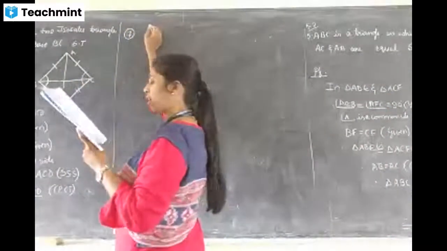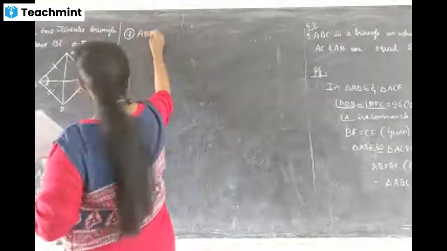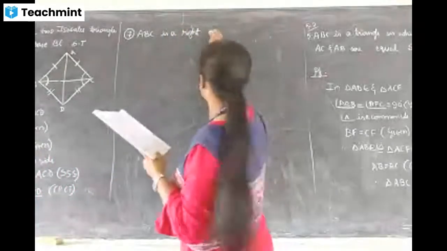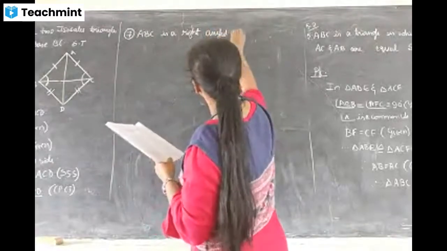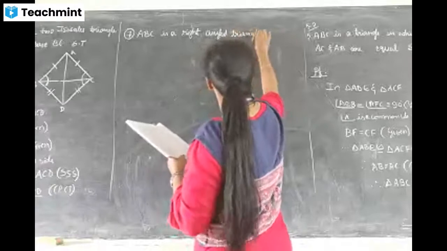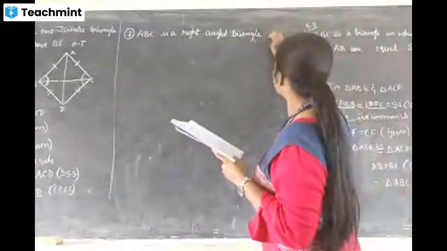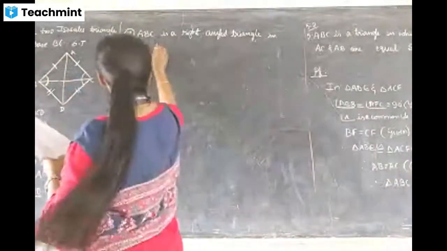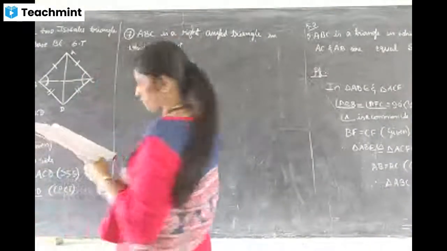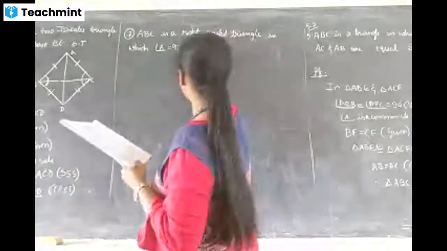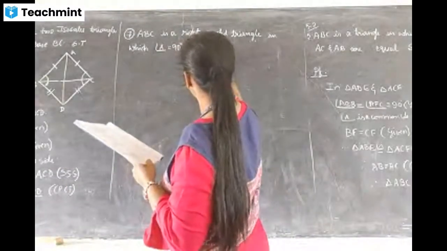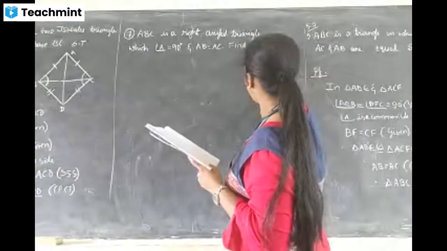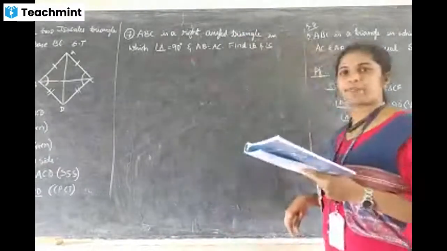ABC is a right angled triangle in which angle A equal to 90 degrees and AB equal to AC. Find angle B and angle C.